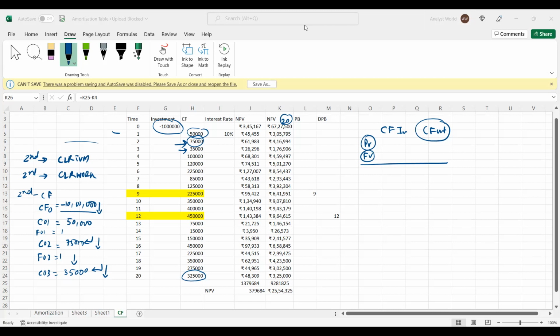Ishtiaq? Yes, sir, I did. Jitaditya? Yes, sir. Which version of calculator do you have, Jitaditya? BA2 Plus or BA2 Plus Professional? BA2 Plus. Ishtiaq? Plus Professional, sir. And Divya? Plus Professional.